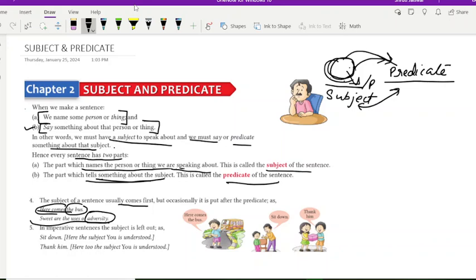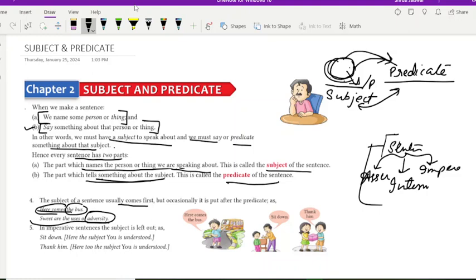Remember in the last video I told you that there are four kinds of sentences. Here comes the most important part. In that video I told you that a sentence which declares something is assertive. The second was interrogative, in which the sentence interrogates us. The third was the imperative sentence.